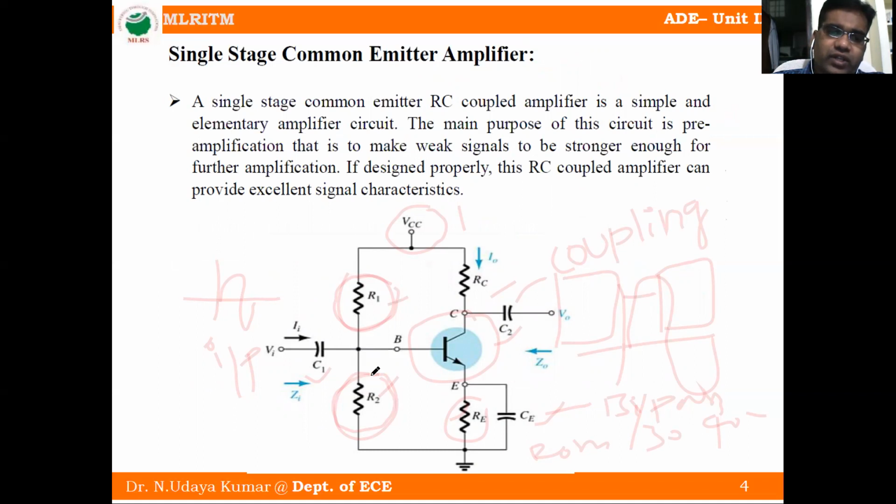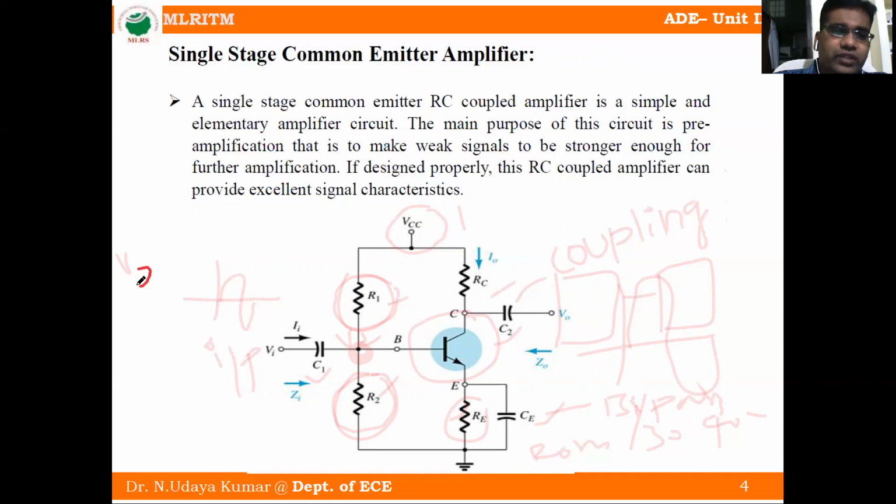Because of R1, R2 we will get a voltage at this node, we call it V2, the bias voltage. This bias voltage can drive the transistor into the on state. That is the meaning. So how do we find the bias voltage V2?